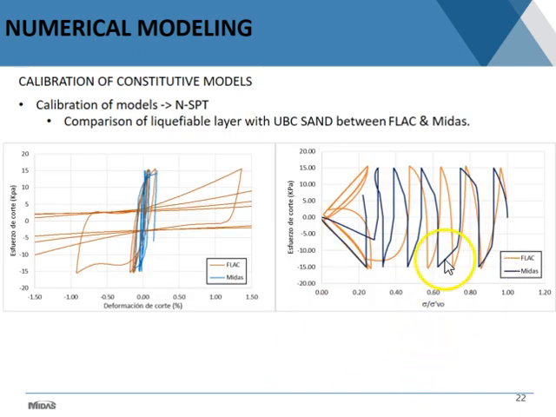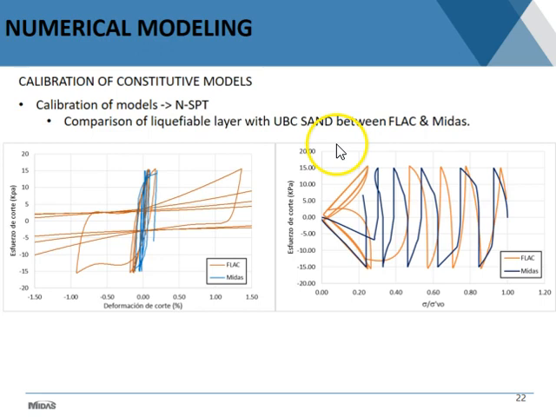Now, how does this look when you compare UBC SAND in Midas and in FLAC? Here is exactly the same test with the same SPT and the same parameters, and here's a comparison between FLAC and Midas.